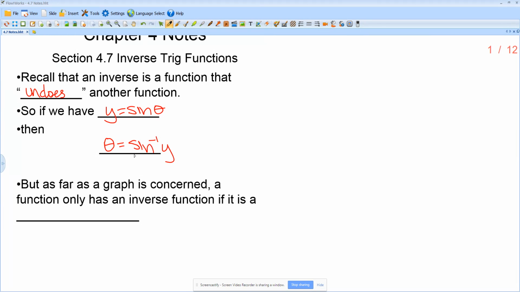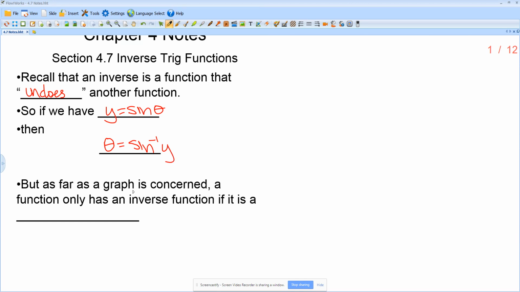This is sine inverse. This does not mean sine to the -1st power. That is sometimes a little bit of a confusion, but here what you have is not cosecant. If I had sine to the -1st, that would be cosecant, but this is just our way of denoting that we're talking about inverse sine.